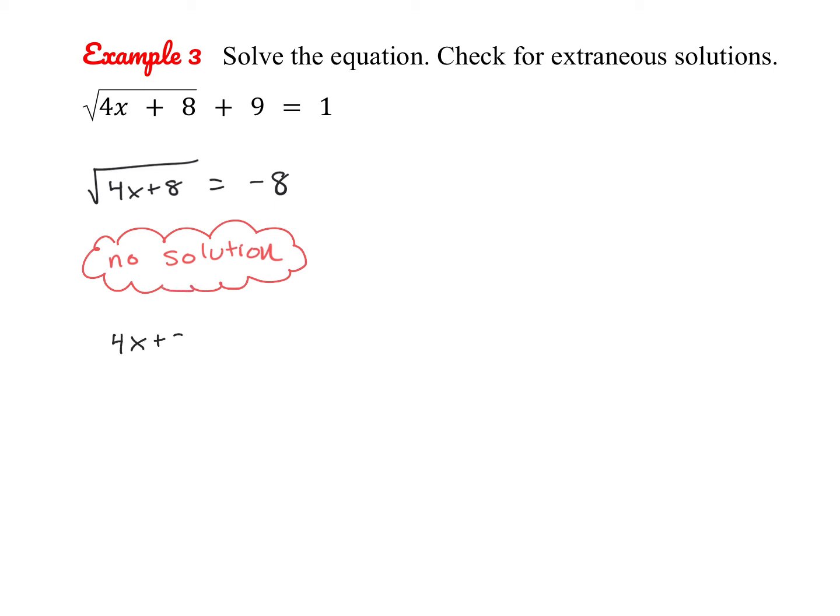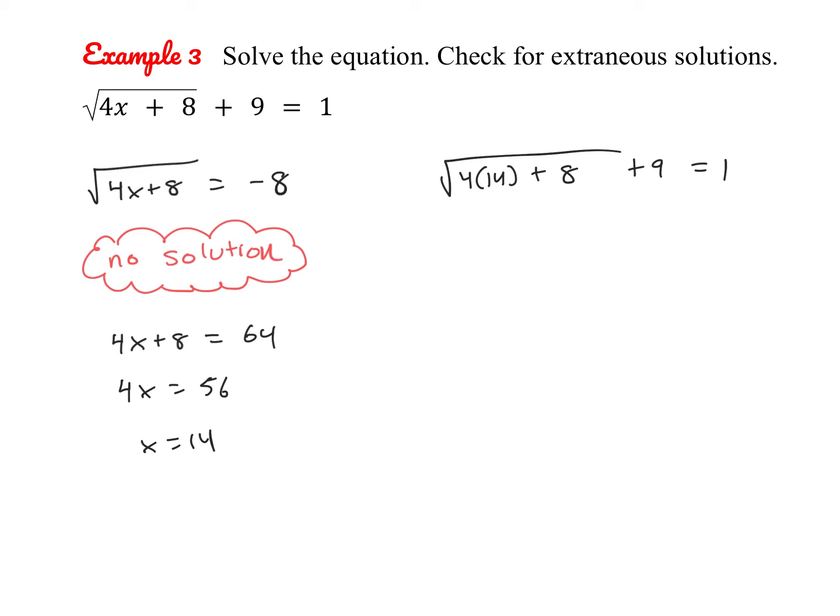So we get 4x plus 8 equals 64 because we're squaring the negative and the 8. And if we keep solving from here, we get 4x equals 56. So x is 14. And if you went to plug that in, you would see that that would be an extraneous solution.